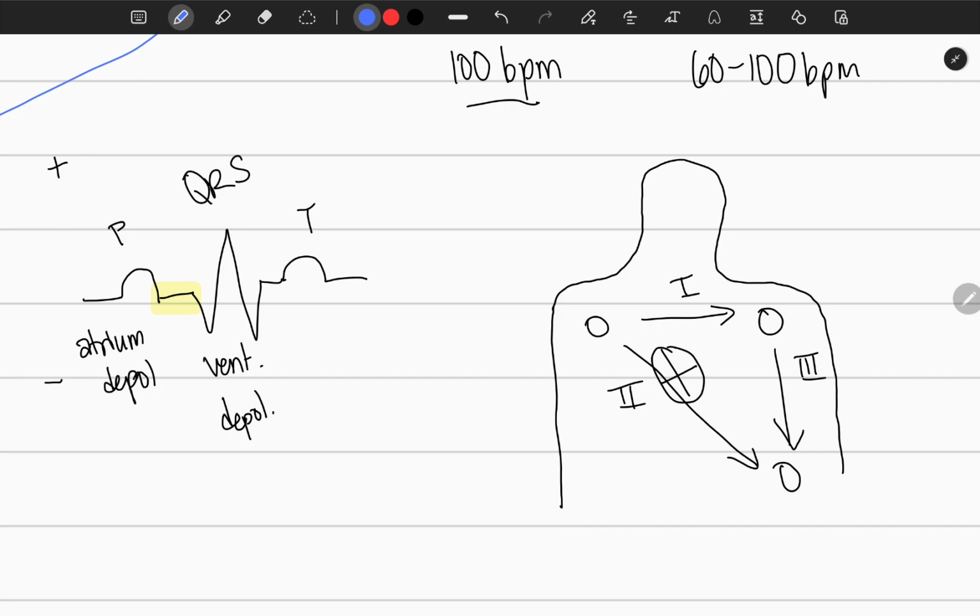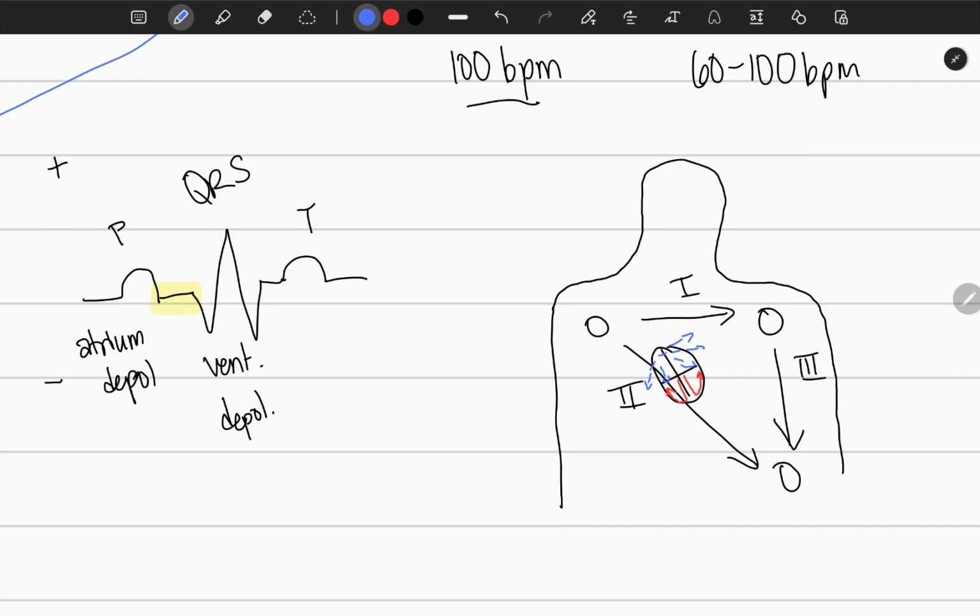I wanted to redraw the SA and AV node, so you can see the parallel of the planes.